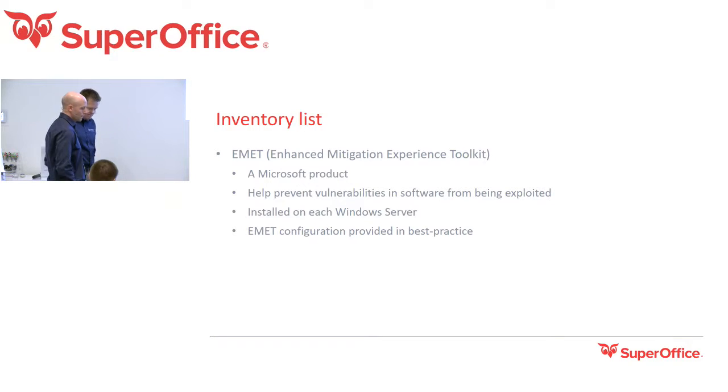One of those, for example, that we recommend using in the secure setup is EMET, the Enhanced Mitigation Experience Toolkit. This should be installed on each server. Say I have Stian's binary installed on my server.